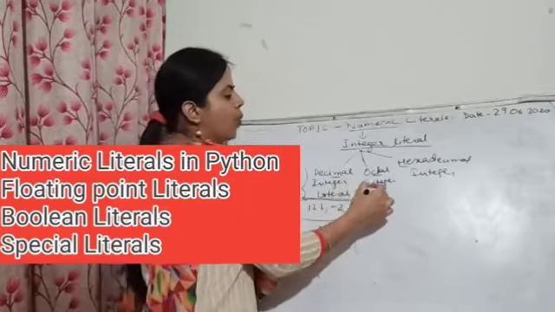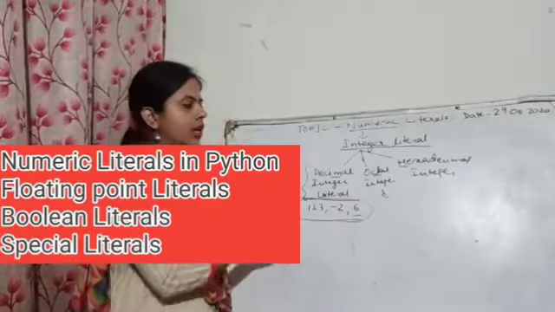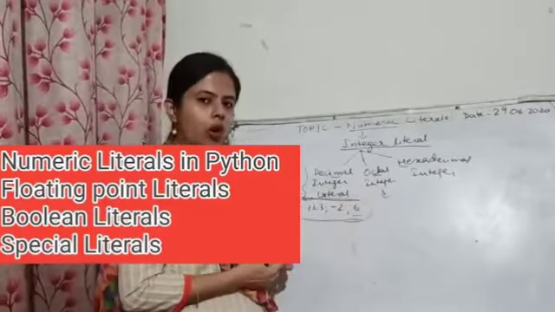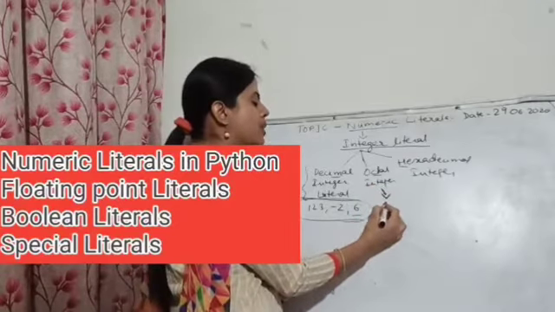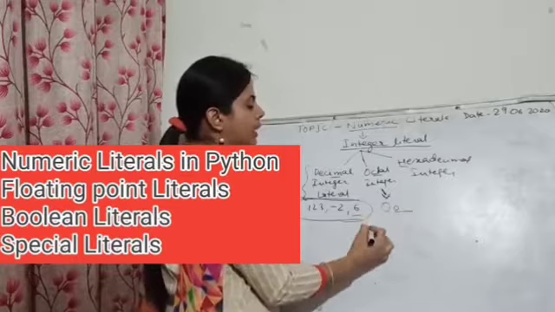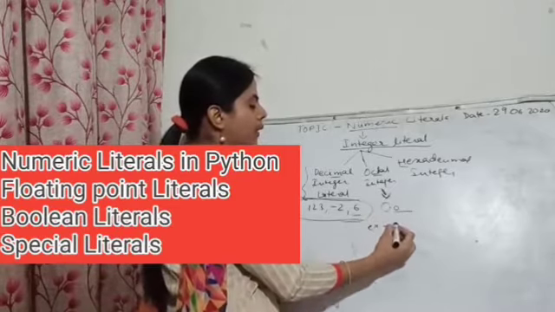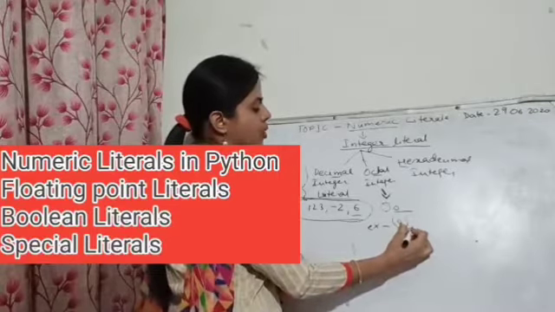Okay. Now what is an octal integer literal? An octal integer literal means a decimal integer literal which is represented in the form of octal. So octal integer literals are written preceded by 0, O, and then the number. For example, say 8 to the base 10.